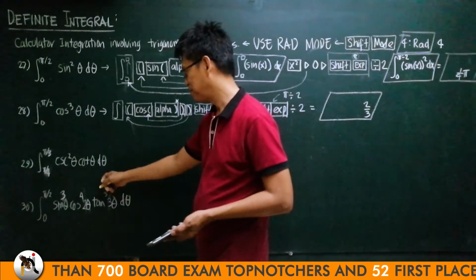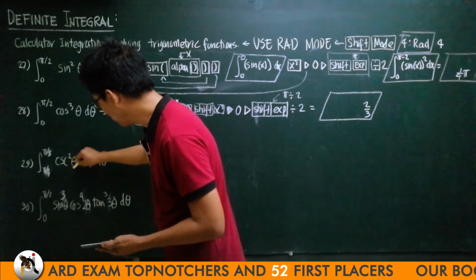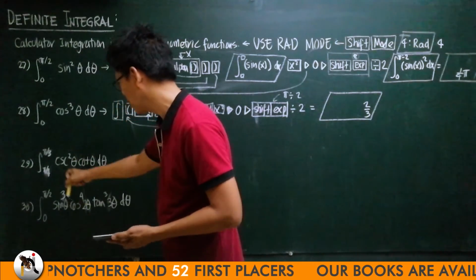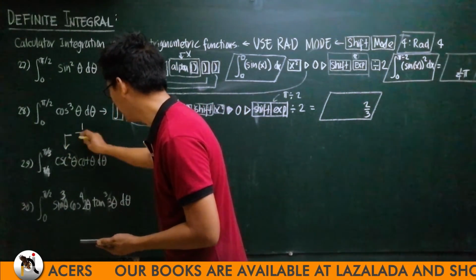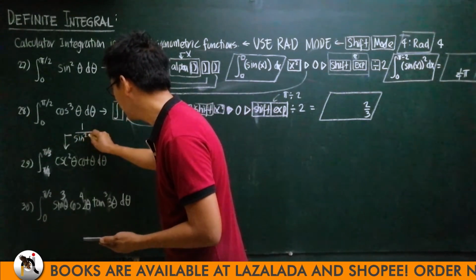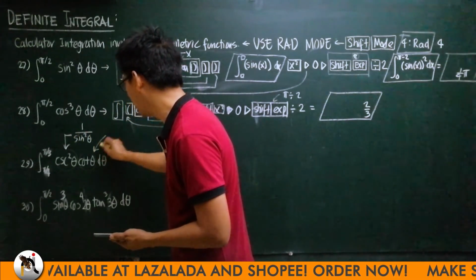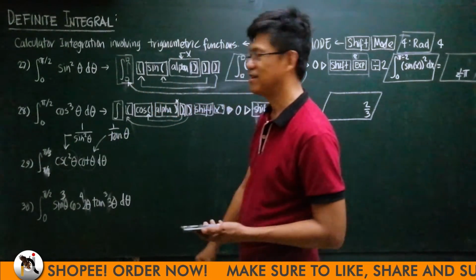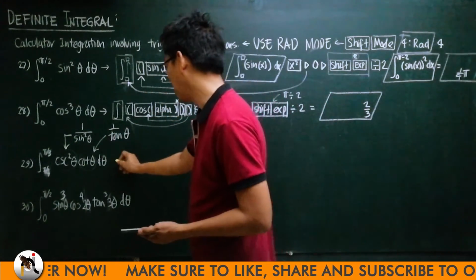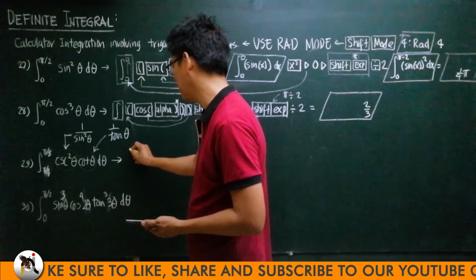What about this one? How do you input cosecant and cotangent? Cosecant is 1 over sine squared theta. Cotangent is 1 over tangent of theta. You get it? Okay. So let us do this in our calculator.